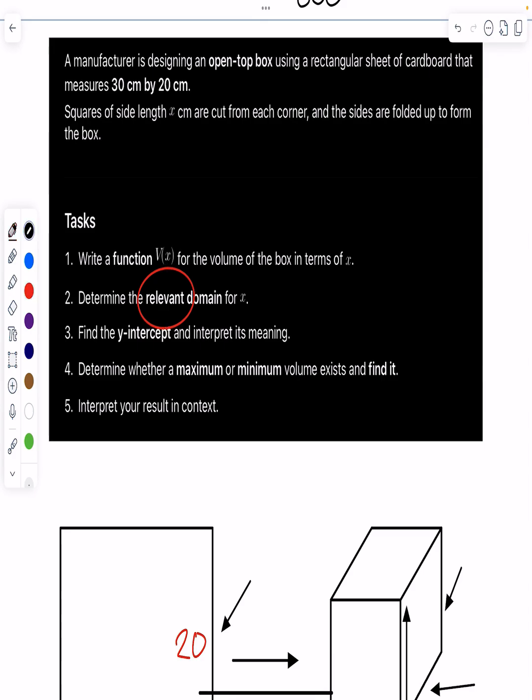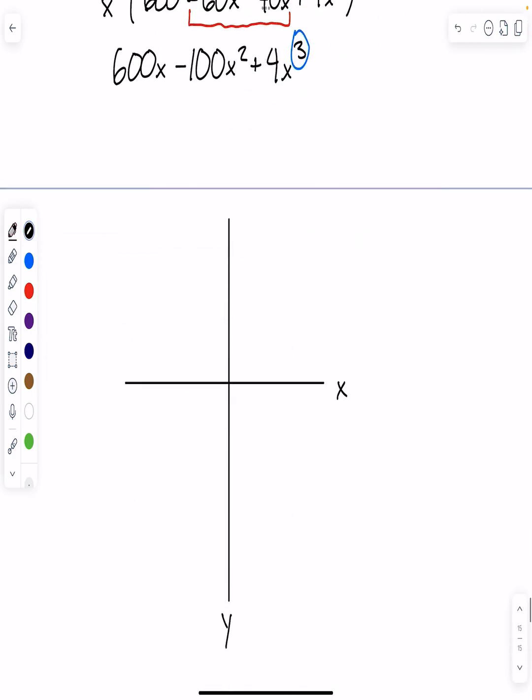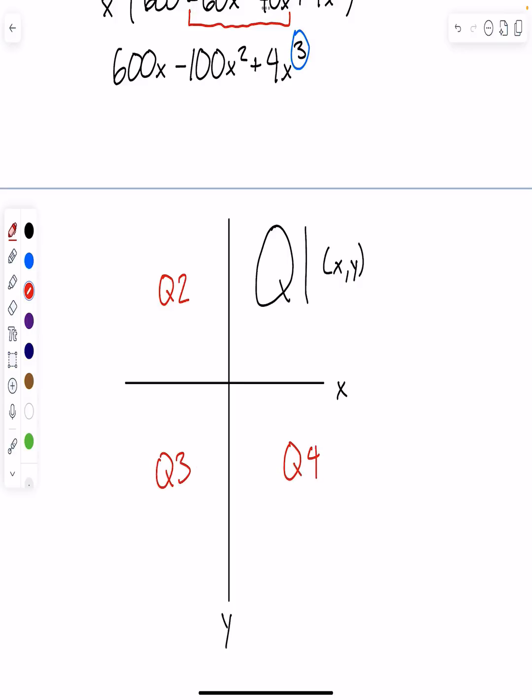And so in this case, what's relevant is all values that exist in quadrant 1, because all values that exist in quadrant 1 are positive for both my input and output. So any values in quadrant 2, quadrant 3, or quadrant 4, we don't care about. Only quadrant 1. That is the only permissible quadrant we want. And so let's think about this. Domain is only asking for X values.